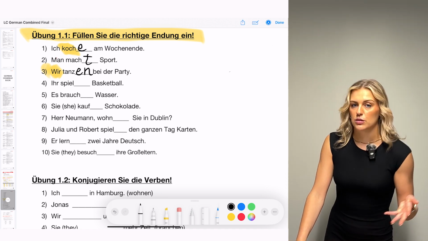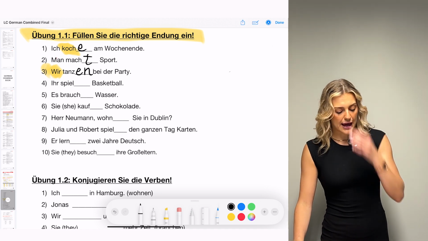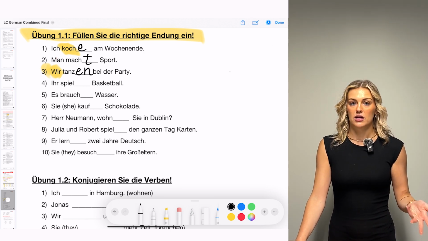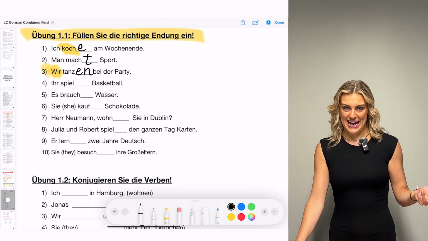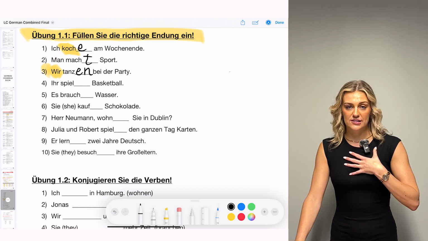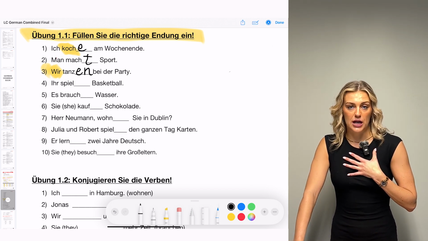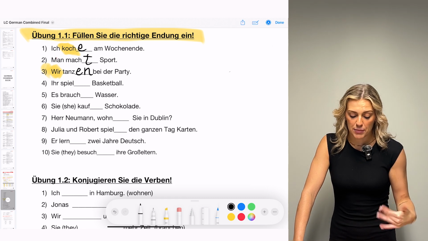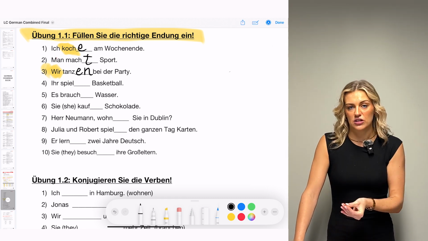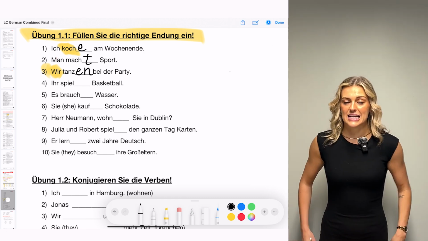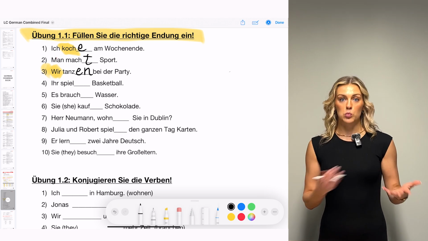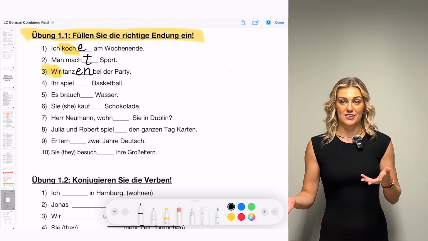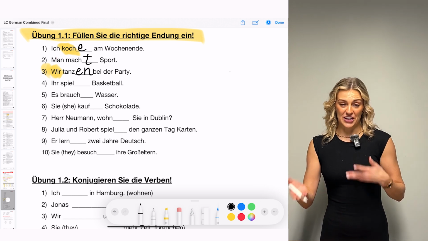A lot of people ask me when I'm teaching these endings, well, does it make a difference if I have the wrong ending? Yes, it makes a difference, okay? I would still, like any German speaker, anybody who speaks German would still understand what you were saying. If you said, for example, wir tanzt bei der Party, if you had the incorrect ending, I would still understand what you were saying, but I would know, obviously, that it's wrong, and that you're not a native speaker.